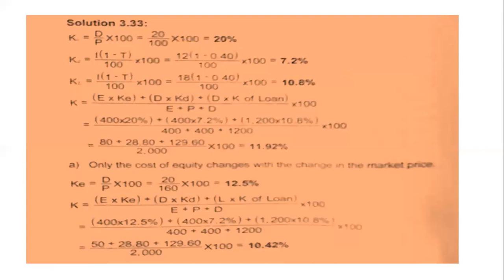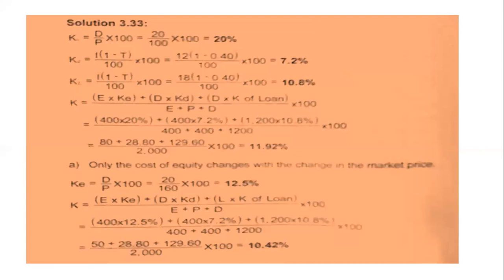Similarly, in the case of cost of debt, here we have to consider the C premise, that is determine the effect of income tax on cost of capital under both the premises. Tax rate is 40% they have given. So we have to consider the tax rate. I is nothing but the interest. 12% debentures, here 12% is the rate of interest on the debentures. So I is equal to 12.